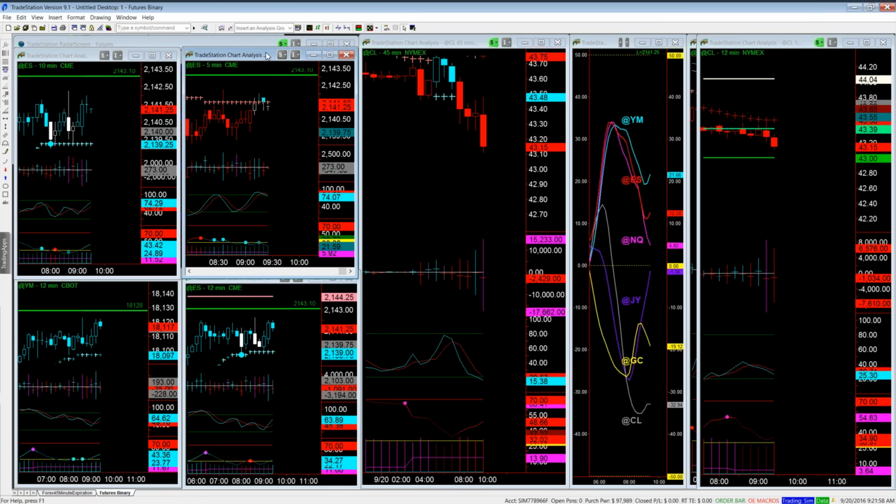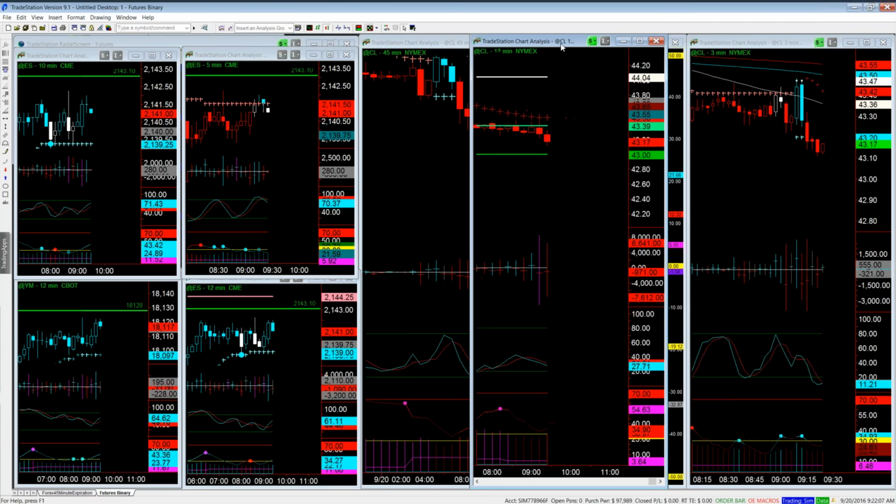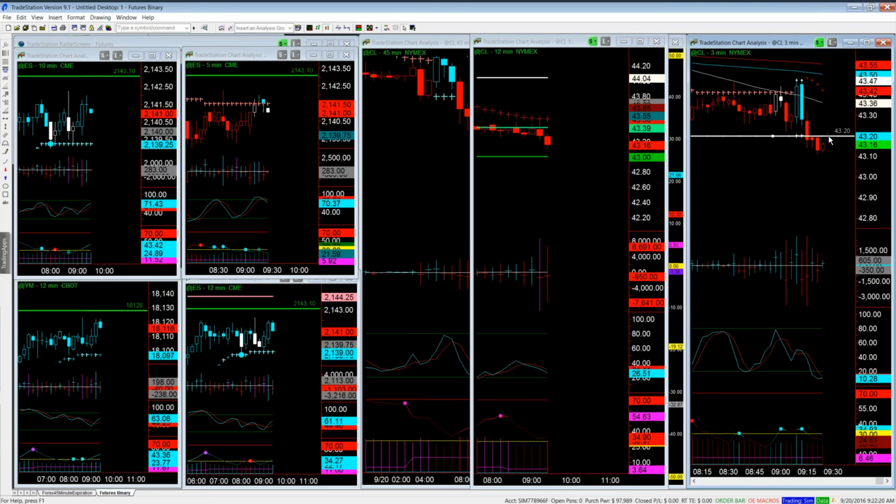And you can also move your stop down using, like, the high of the previous bar. Normally when I do that, it's with a 3-minute, okay? So once you enter it and it's moved in your direction, then you can simply offset the high of the previous bar. So like in this case, your stop would probably be sitting about 43.22, about here.